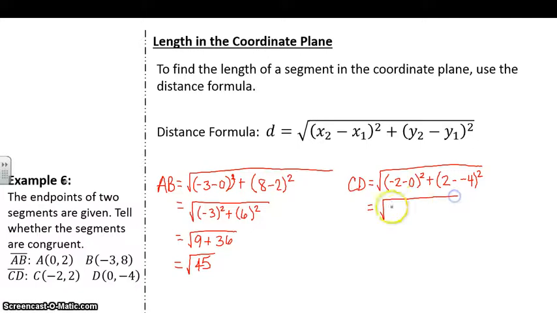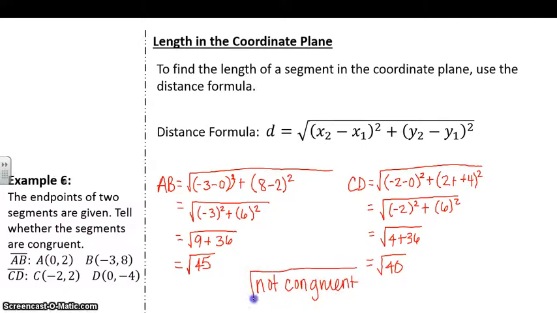Now that will be (-2) squared, plus, that'll now be plus 4, so that'll be 6 squared. That's going to be 4 plus 36, which is the square root of 40. So are the segments congruent? No. So I would say not congruent.